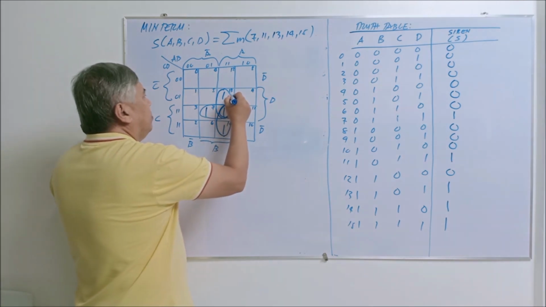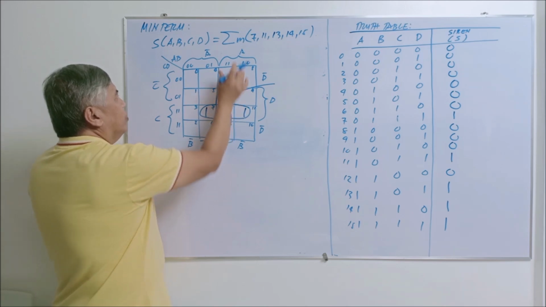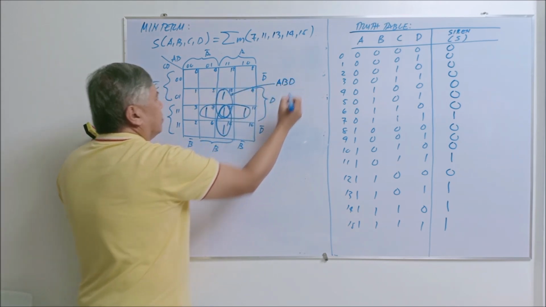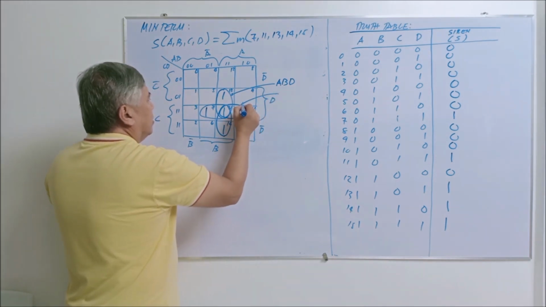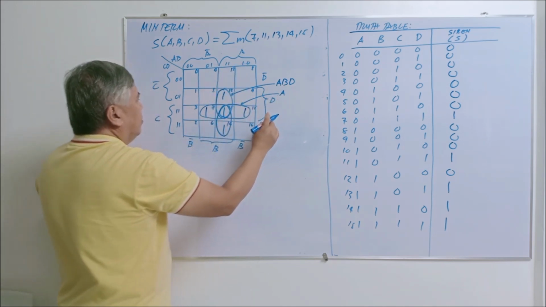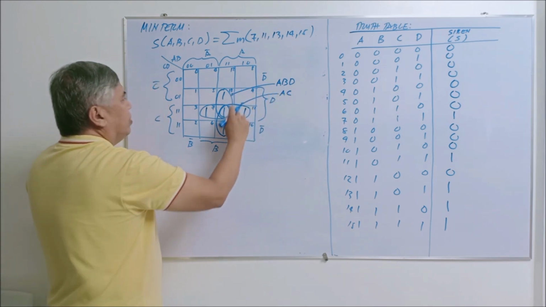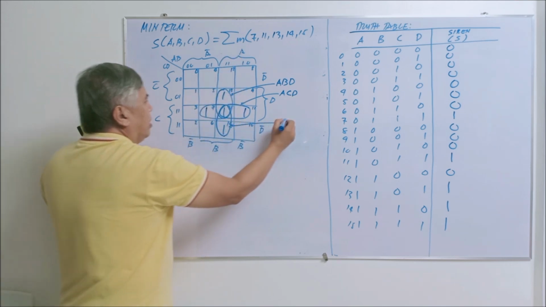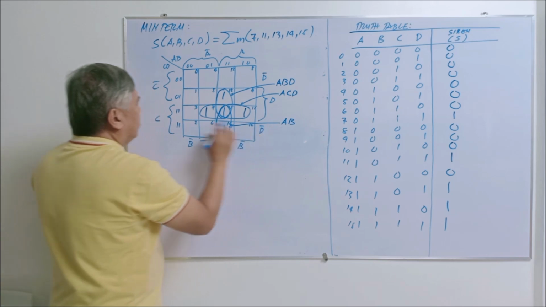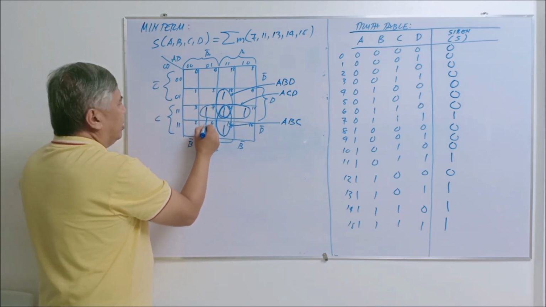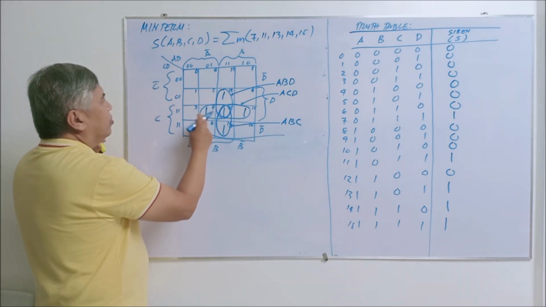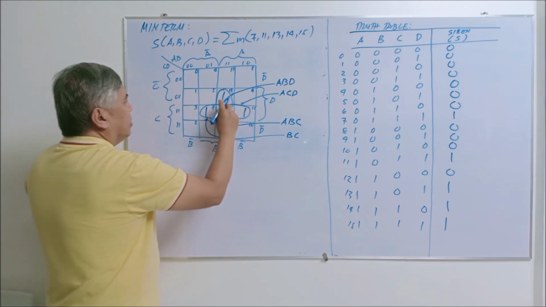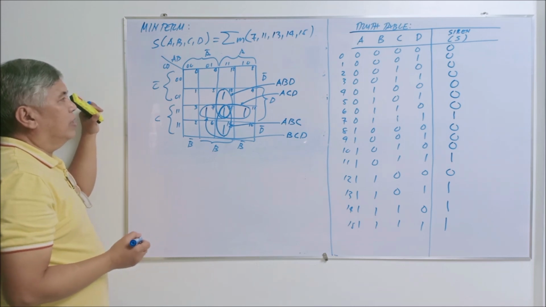So, in this case, what will be our equation? This one here belongs to A, B, and D. And this one here belongs to, again, A, C, and D. And then this one here belongs to A, B, and C. And then the last one, this one here, belongs to B, C, and D. So that will be our variable terms.